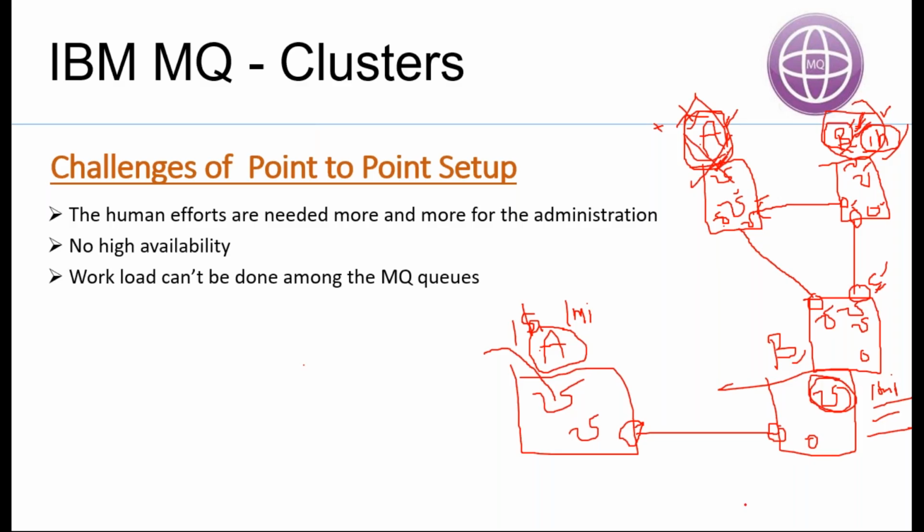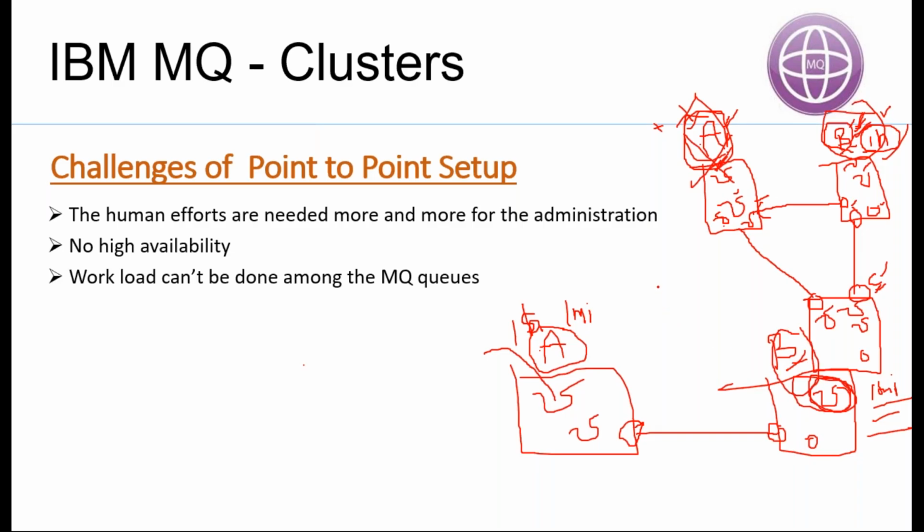Whenever the queue has more and more messages, it causes high resource usage on the server of queue manager B: high CPU utilization, high RAM, high disk, everything is very high. And everything is handled by this queue manager B server only.